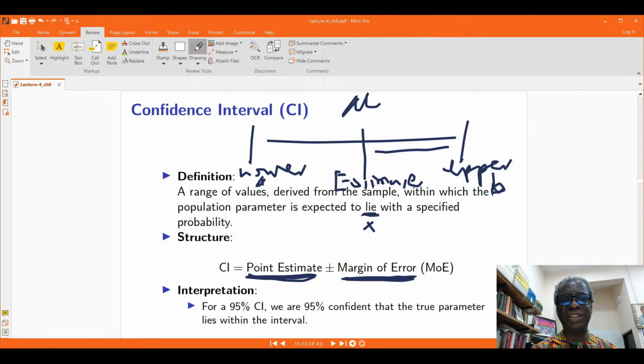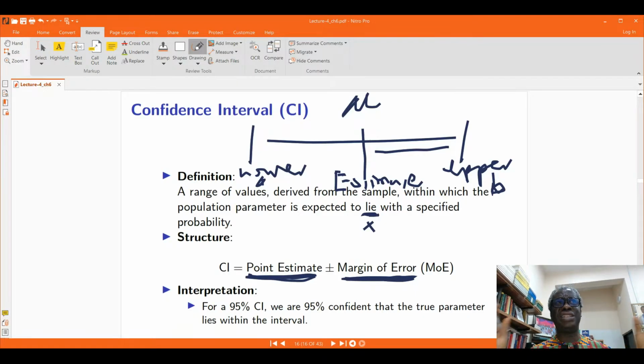The starting point is to get the point estimate and then compute the margin of error. The margin of error is added to the point estimate to obtain the upper limit, and the margin of error is deducted from the point estimate to get the lower limit.